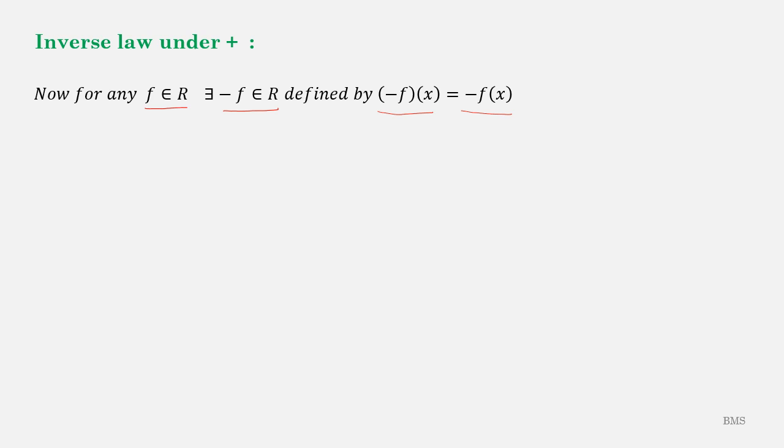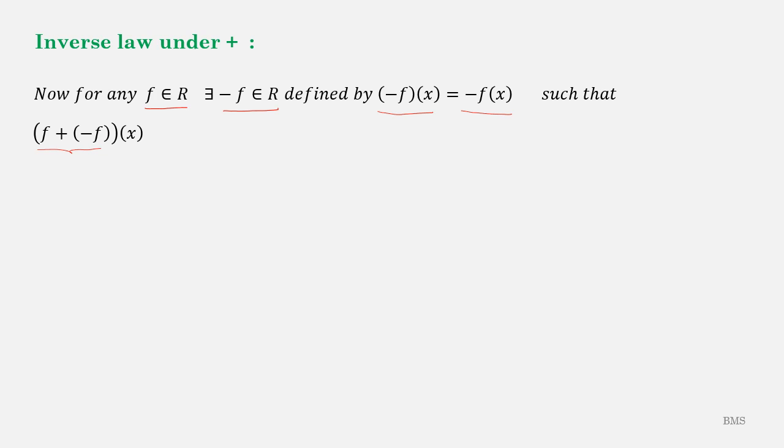It is defined like this, such that f + (-f), if you club these two, evaluated at x. This f + (-f) is another function. For two functions f and -f, f + (-f) is another function.